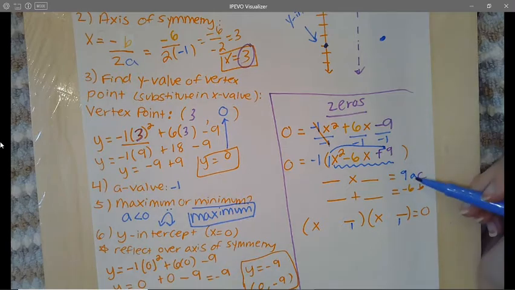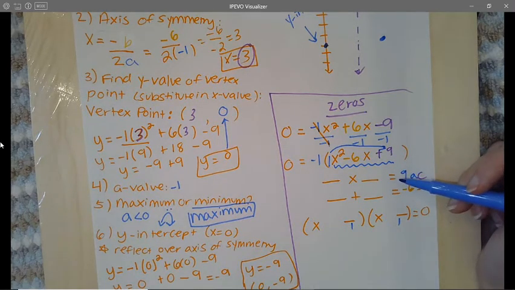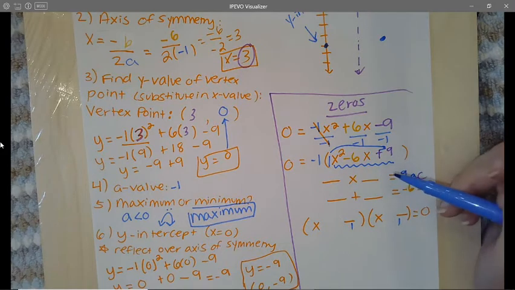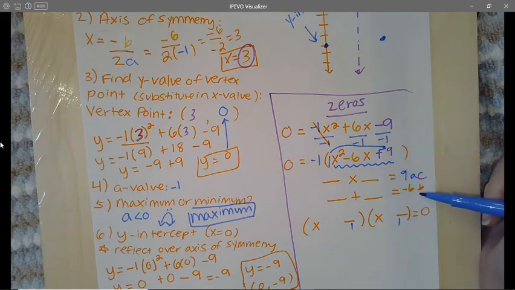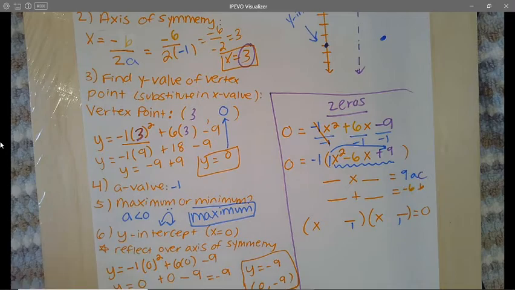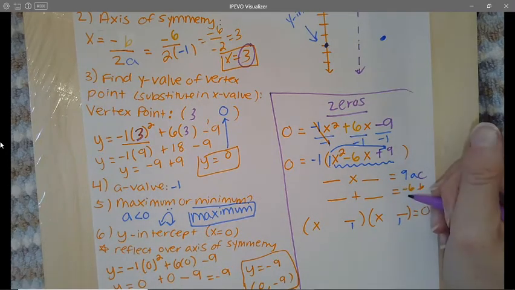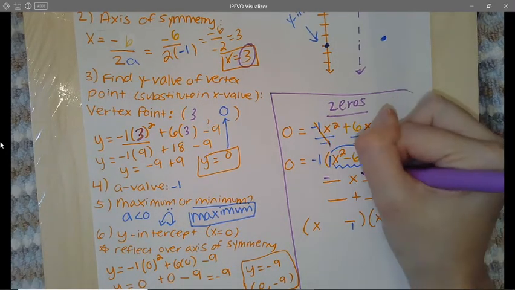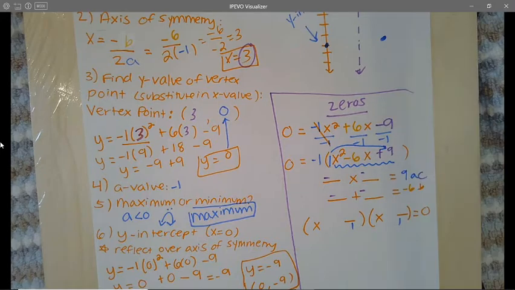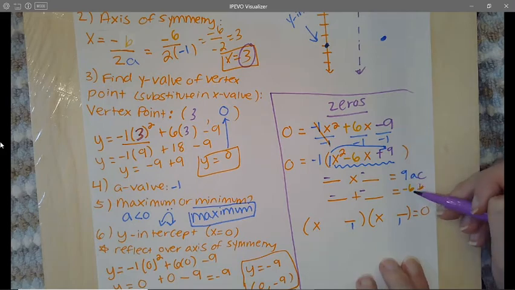Okay, so I need 2 numbers that multiply to be positive 9. So that means they're either both positive or both negative, and they have to add to be a negative 6. So, since they have to add to be a negative 6, both of these need to be negative. 2 positives will not add to be a negative. Do you guys know some numbers that will multiply to be 9 and add to be negative 6?